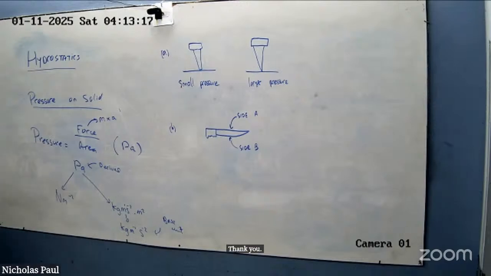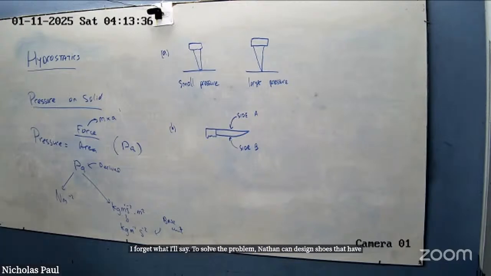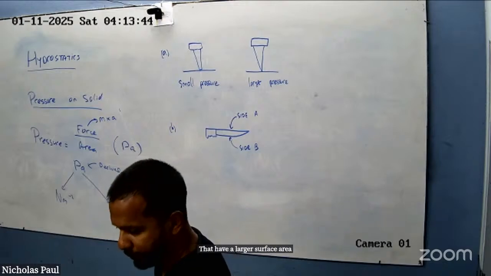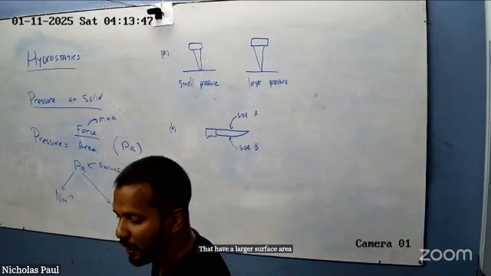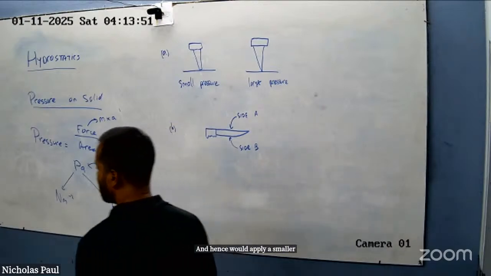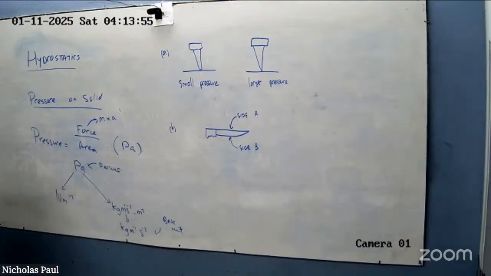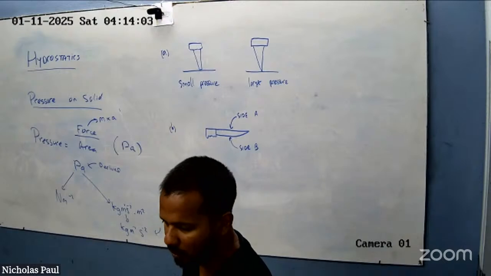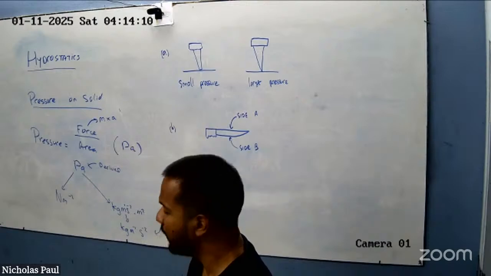To solve the problem, Nathan can design shoes that have a larger surface area, and hence would apply a smaller pressure on the snow, allowing him to easily move from point A to B.